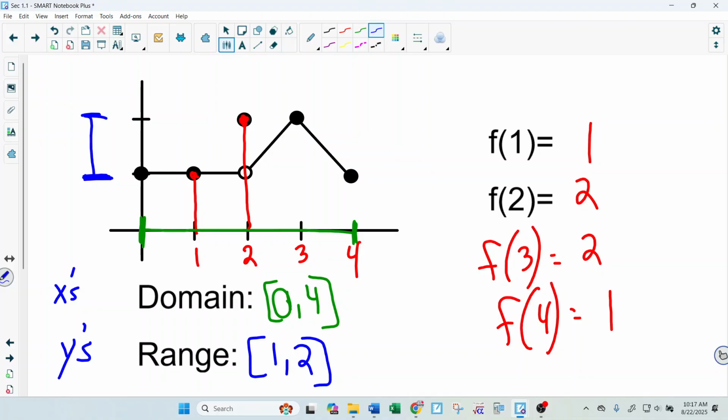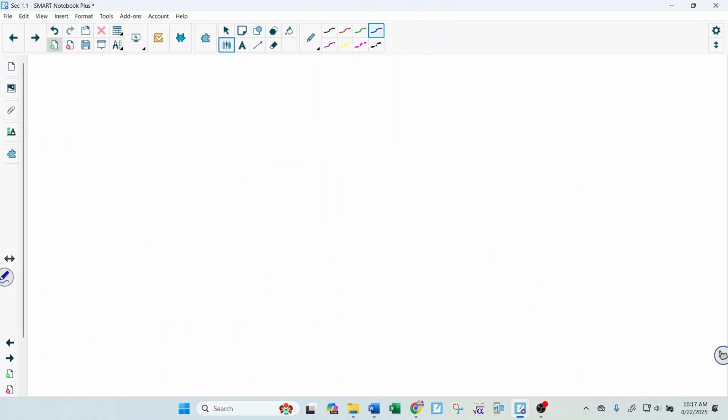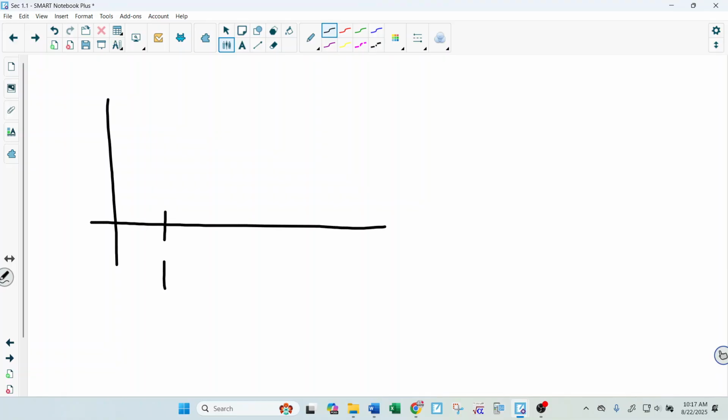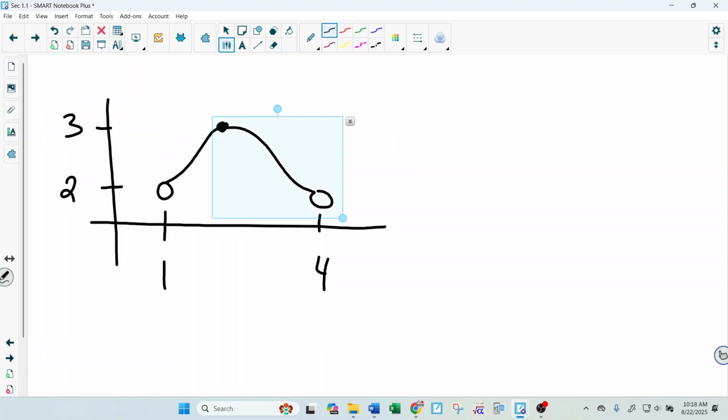Now, understand the brackets. Let me look at a second one here just so we understand. So let's say I had something like this, 1, 4, 1, let's do this, 2, 3. And I'll put open circle, closed circle, open circle. Something like that, okay?